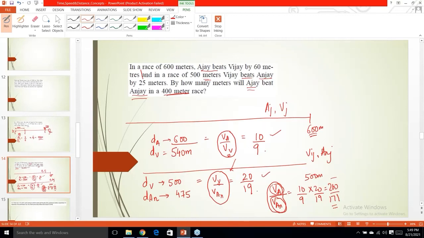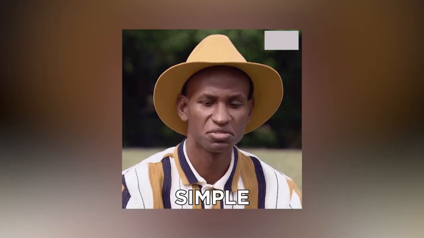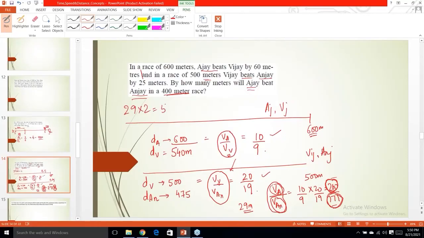In a 200-meter race, Ajay is beating Anjay by 29 meters. How many meters would Anjay get beaten by in a 400-meter race? Simply double this, because Ajay is traveling for 200 meters. So your answer will be simple, 29 into 2, which is 58 meters.